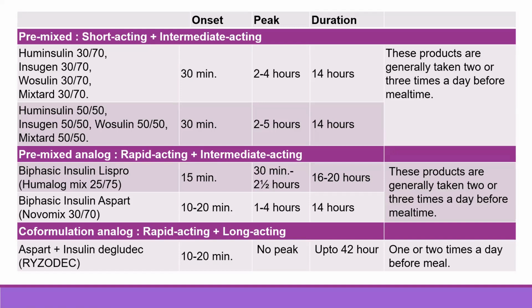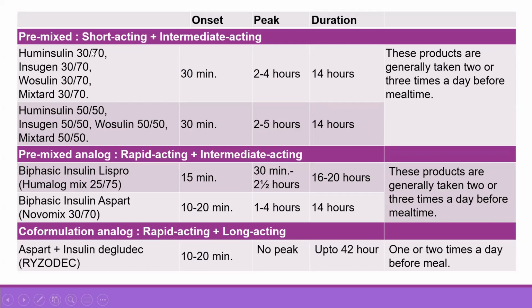I have given you the brand names, and they are available in two different proportions, 30-70 and 50-50. We cannot adjust the dose of either component separately. Whenever we increase the dose, the proportionate short-acting and intermediate-acting insulin will go up.